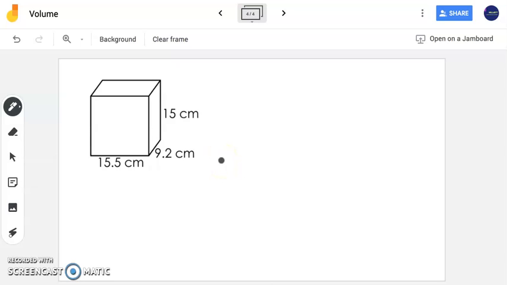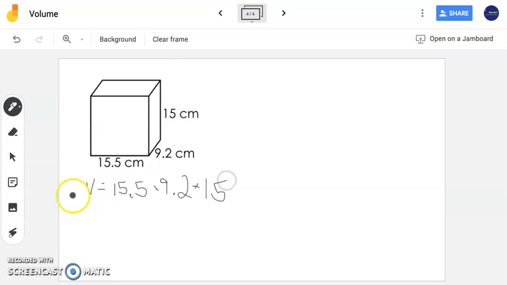we can easily solve. So what we're going to do is follow the same steps. My volume equals my length is 15 and 5/10 times my width of 9 and 2/10 times my height of 15.